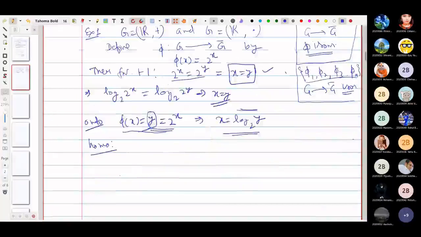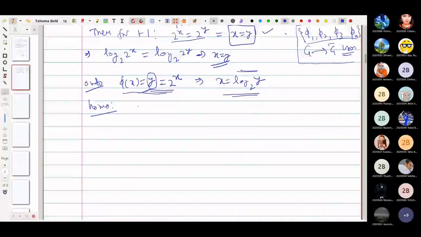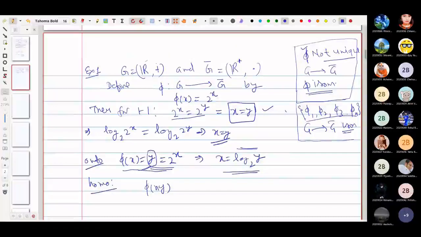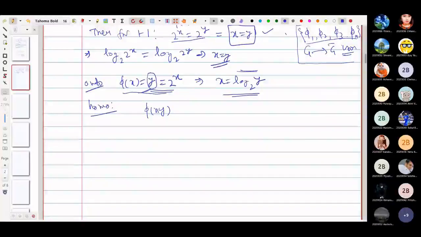And homomorphism you can very much verify. I think you have done this when we were discussing homomorphism. You can write phi of xy, not like this, but you should see the operation here. Addition is there, so we cannot write like this. We need to write x plus y.